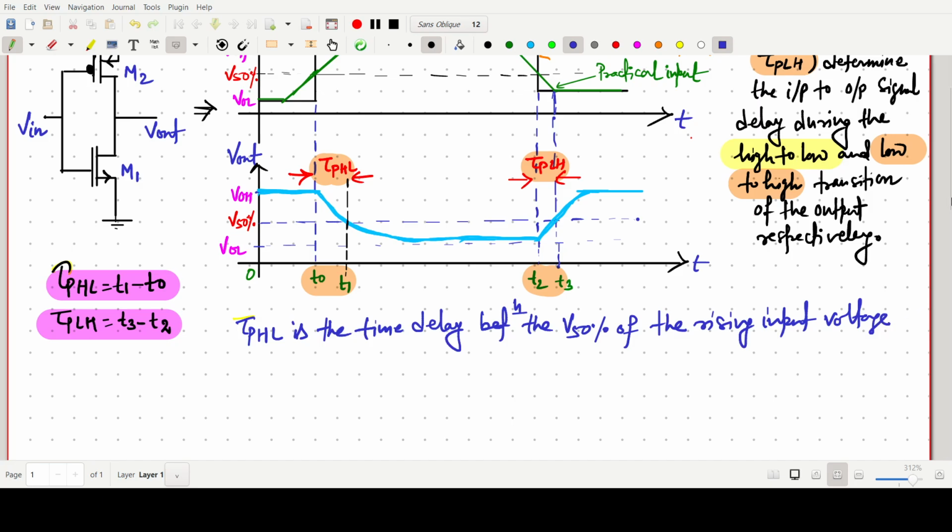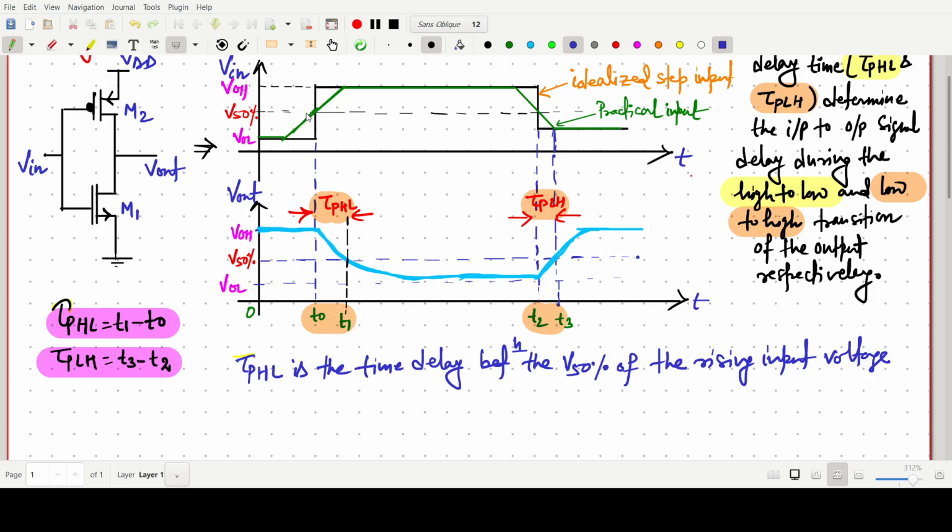Okay, I will show you this one. V50% of the rising input voltage, that is our t naught, and the V50% transition of the falling output voltage.